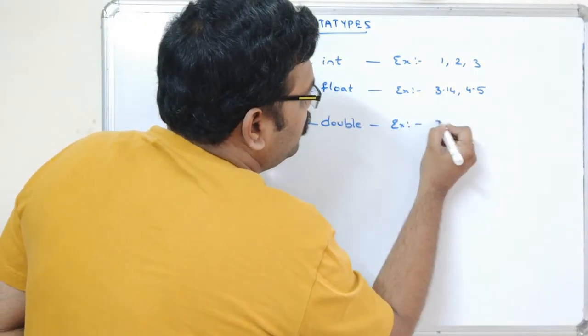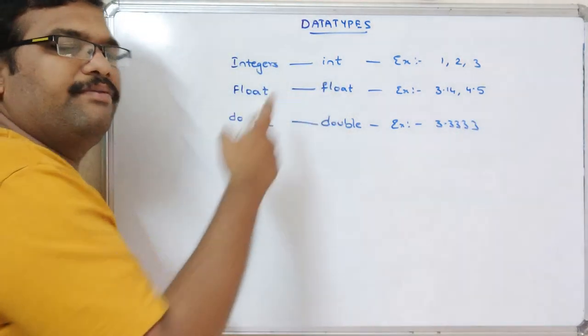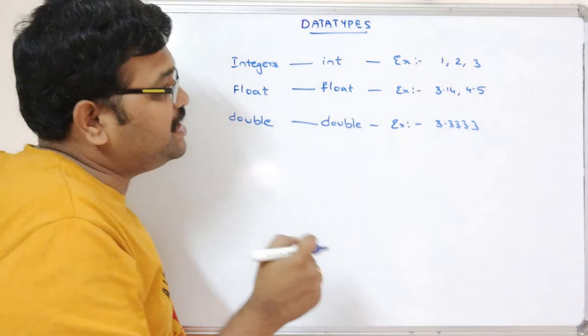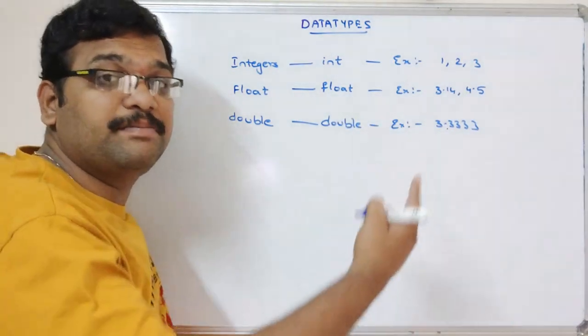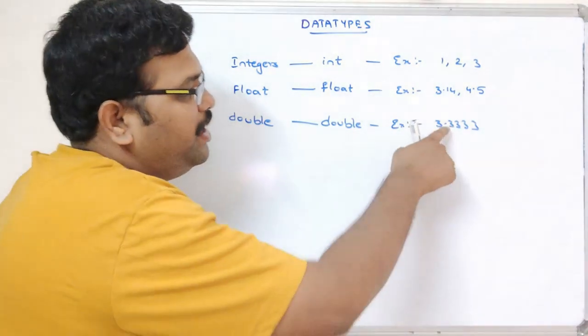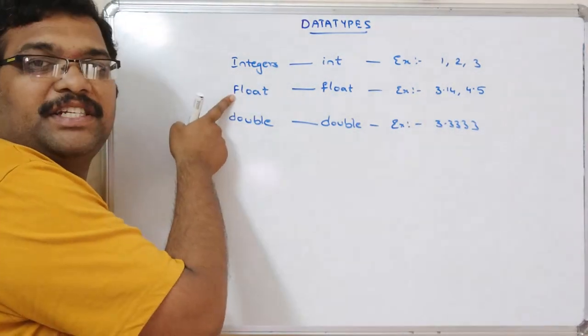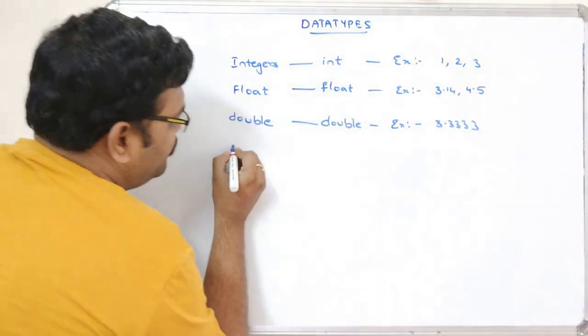Here double is also a similar thing, but the difference between double and float is precision. Precision means the number of digits after the decimal point. Float will have less precision and double will have more precision.